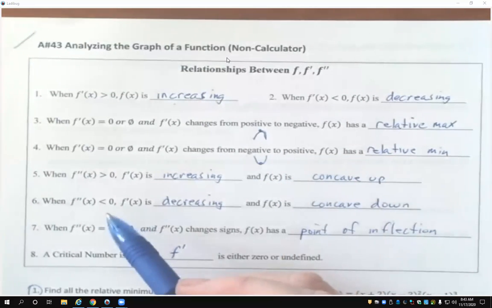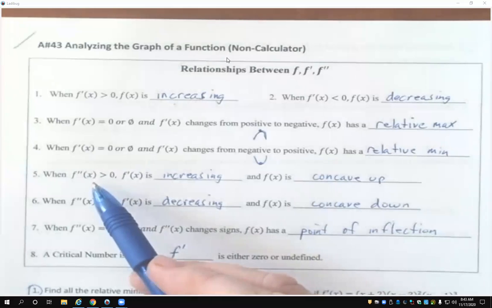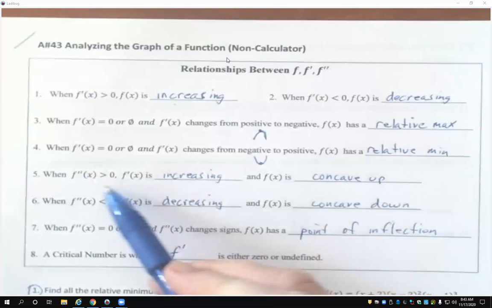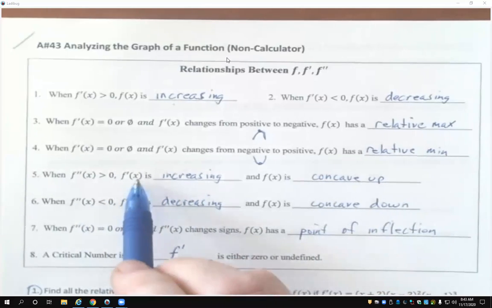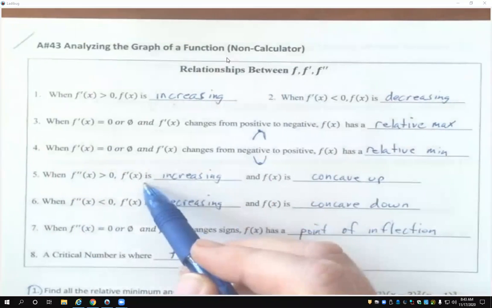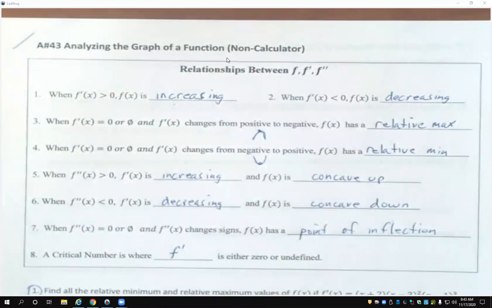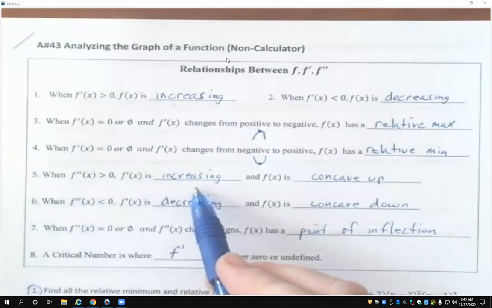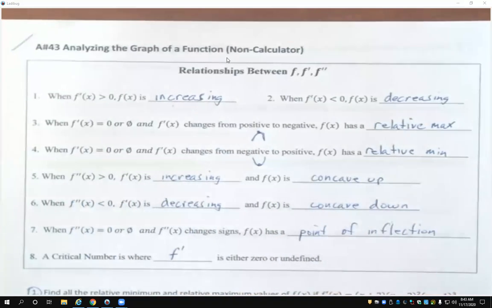Then we get to f double prime. When f double prime is positive, f prime is increasing. That's not something we've talked about a lot, but everything that f prime tells you about f, f double prime tells you about f prime. It's the same relationship. So when f double prime is positive, f prime is increasing, and f is concave up.